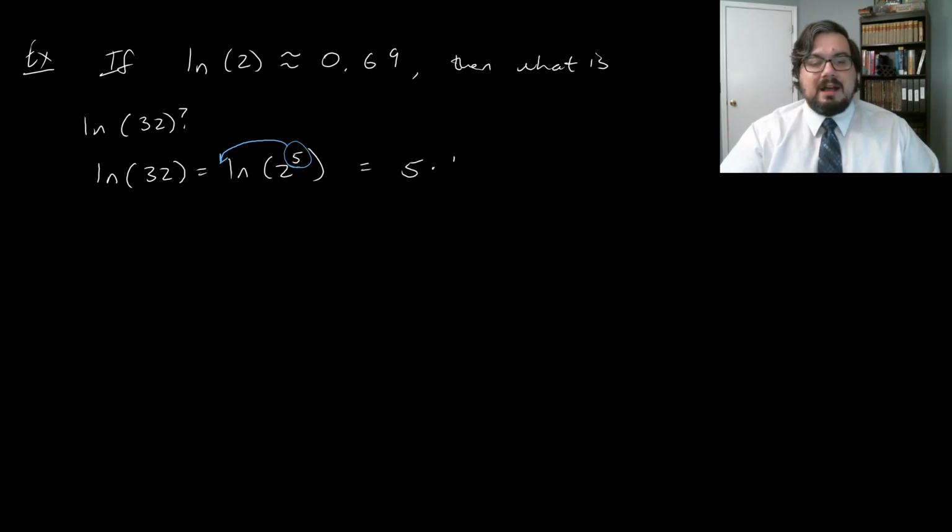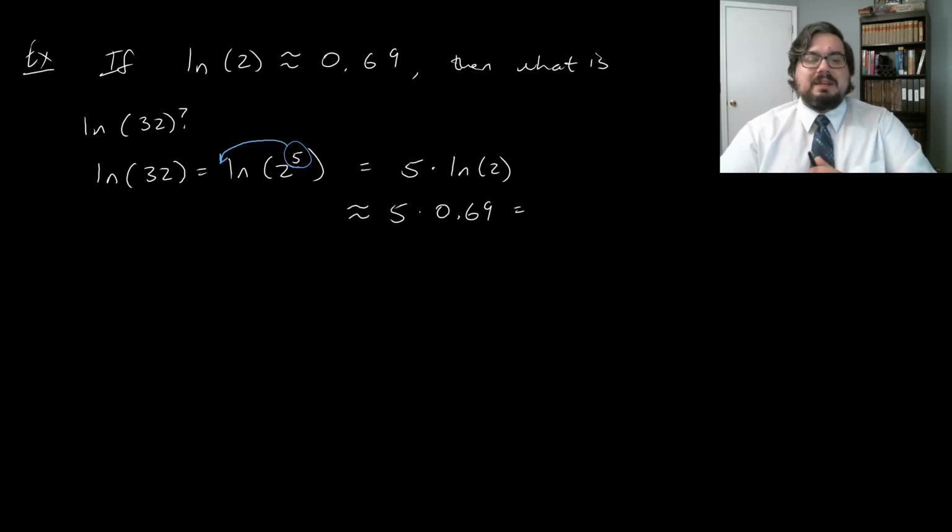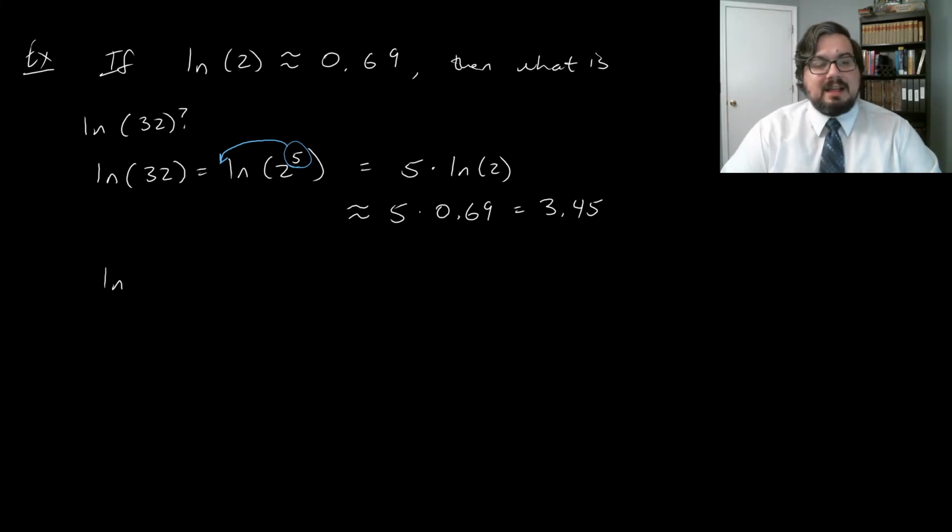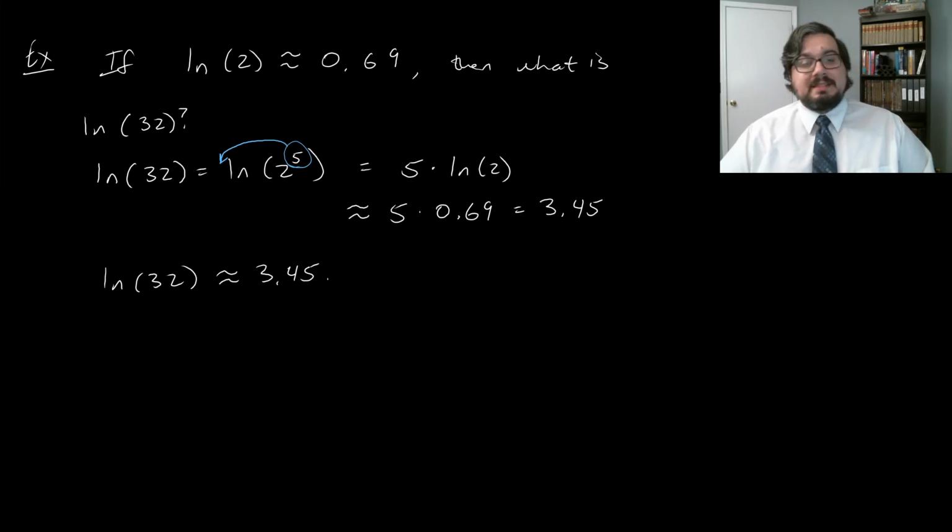This is equal to 5 times the natural logarithm of 2. Now, the natural logarithm of 2 we have up above is approximately 0.69. So we have 5 times 0.69 will be 3.45. And so we have that the natural logarithm of 32 is approximately equal to 3.45. So this is the sorts of things that we can do with the power rule.